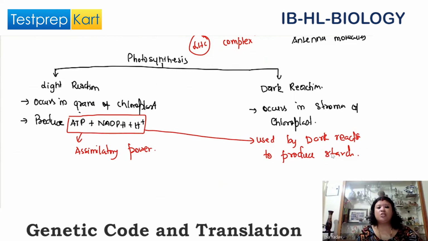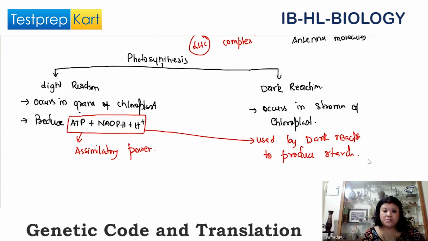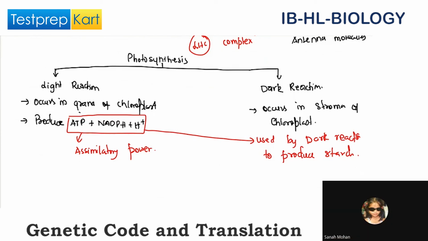What does light reaction do? It produces ATP and NADPH plus H plus. Dark reaction occurs in the stroma of chloroplast, and whatever products the light reaction is producing, that is used by the dark reaction to produce what? Starch. Okay.